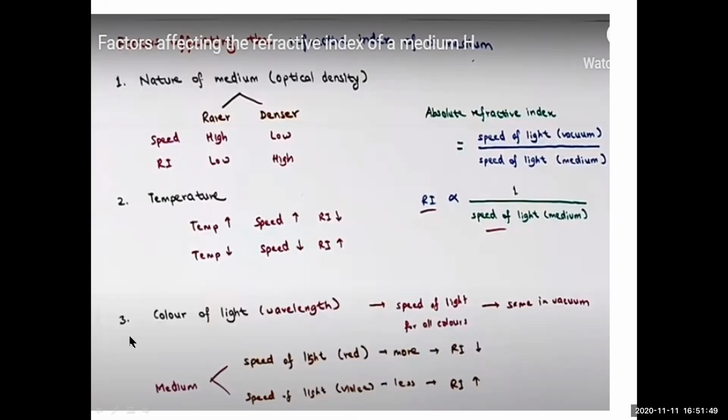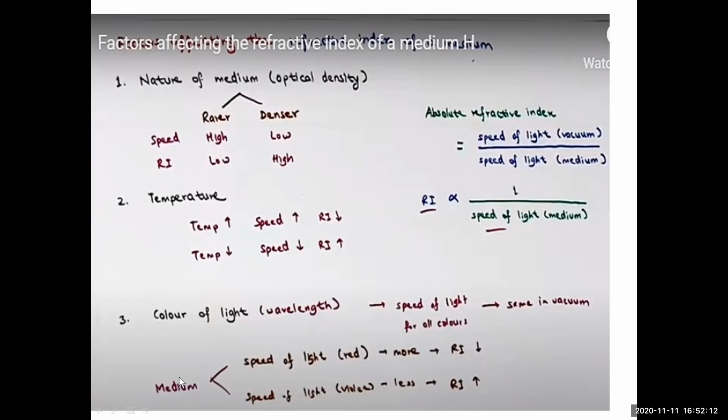And finally, the third point is the color of light, which is nothing but wavelength. The third factor affecting the refractive index of the medium is the wavelength. Now, we know that for all seven colors, the speed of light in vacuum is the same.